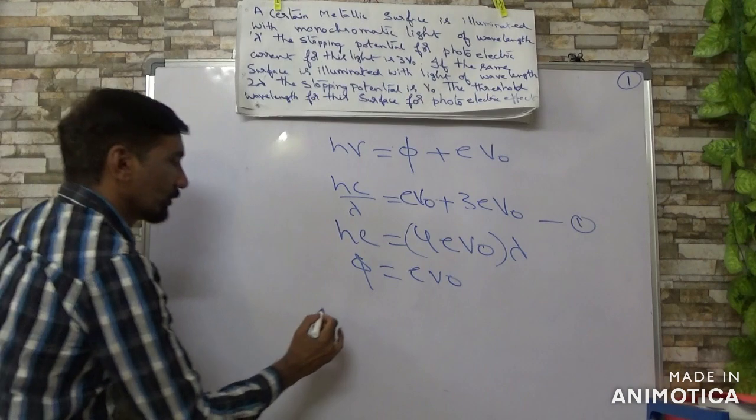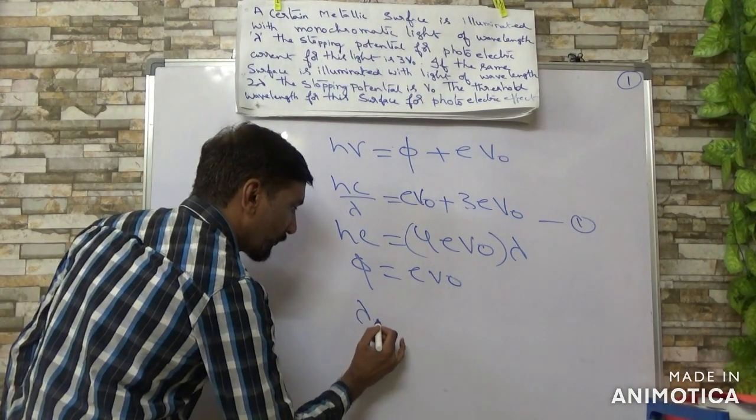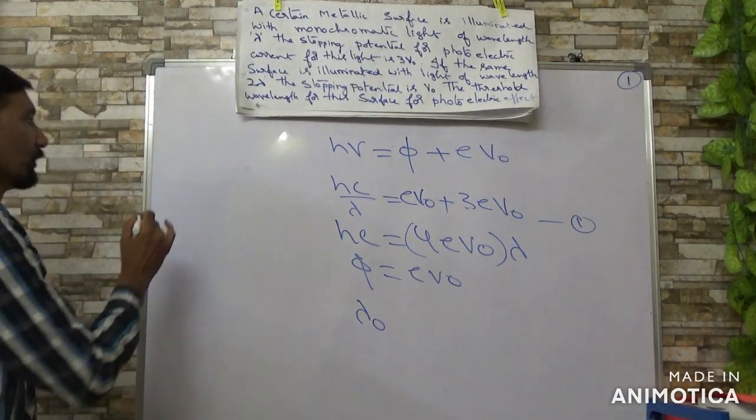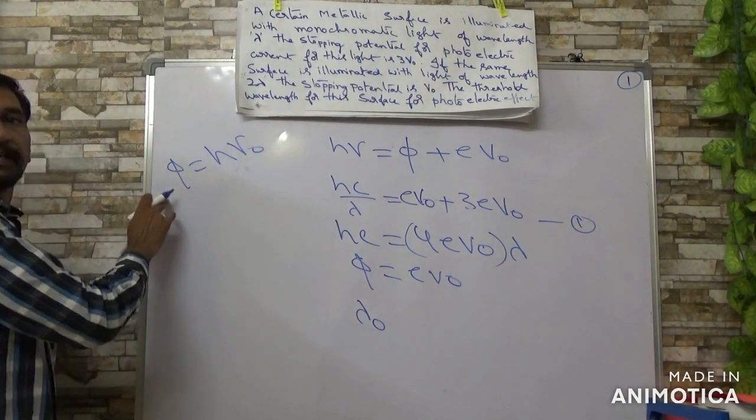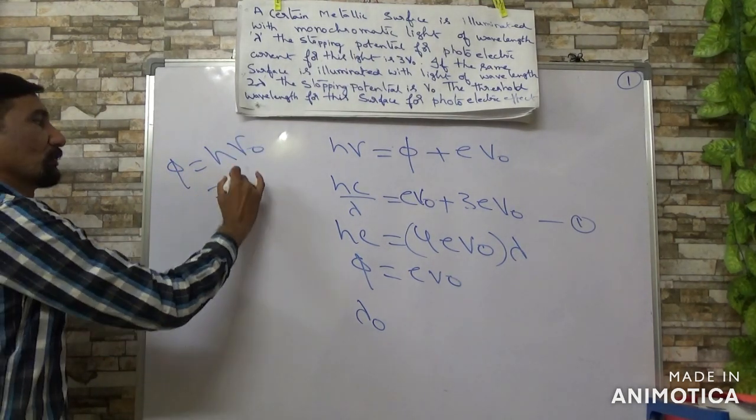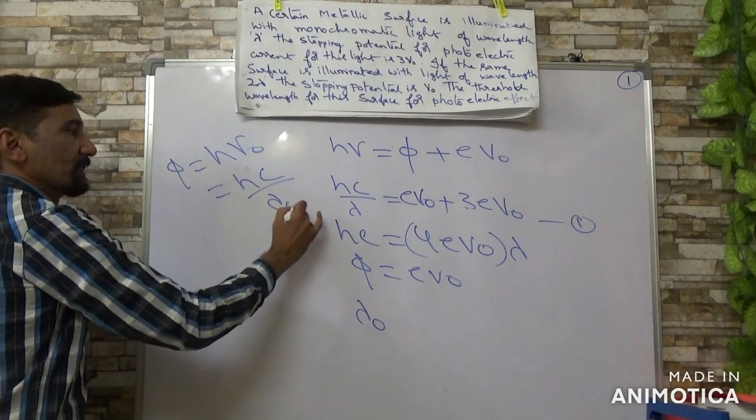So the threshold wavelength lambda naught. Work function phi is equal to h nu naught. This can also be taken as hc by lambda naught.